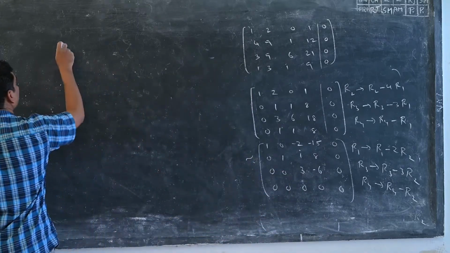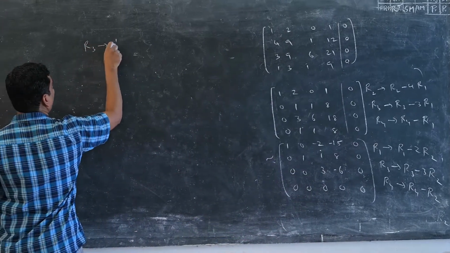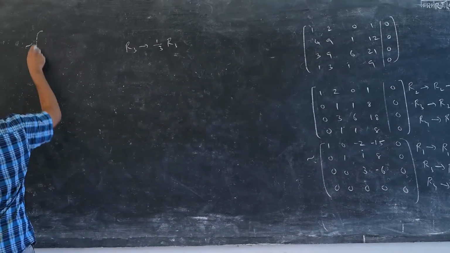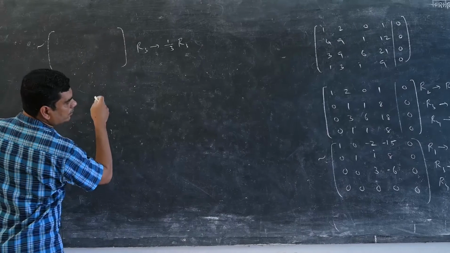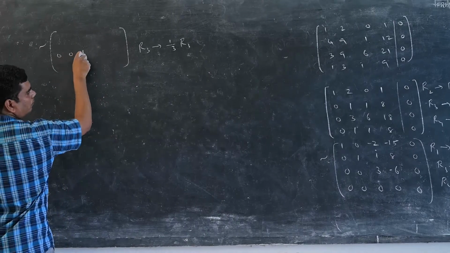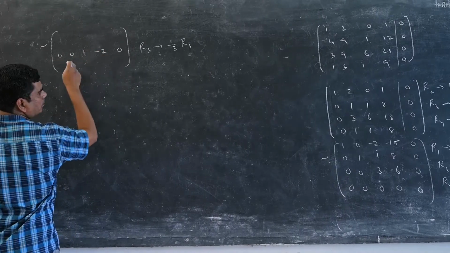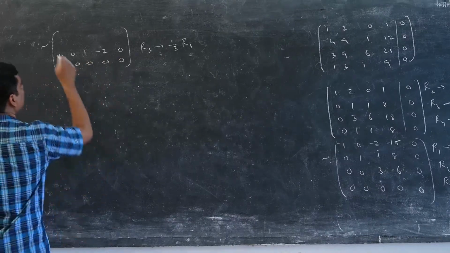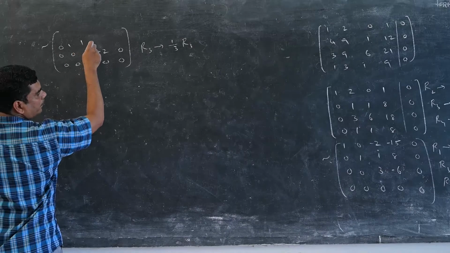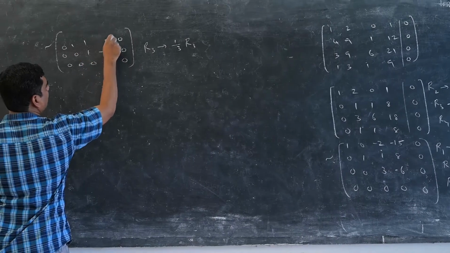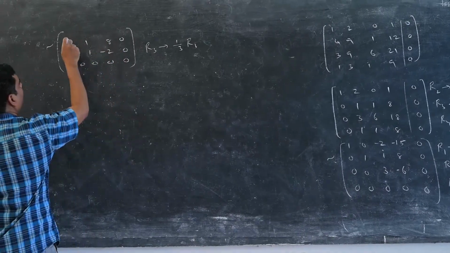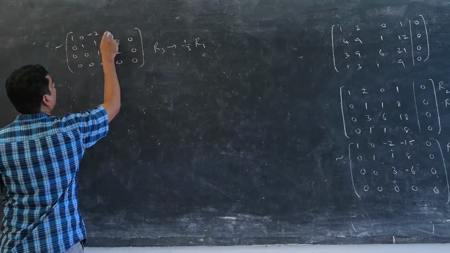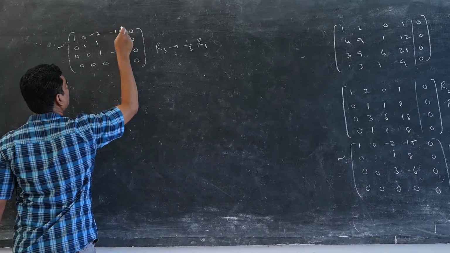So R3 goes into 1 by 3 R3. So this is equivalent to 0, 0, 1, minus 2, 0, 0, 0, 0, 0, 0. It is 0, 1, 1, 8, 0. 1, 0, minus 2, minus 15, 0.